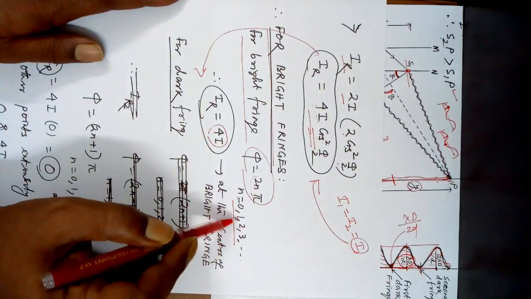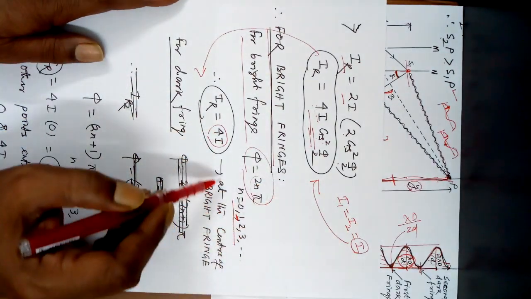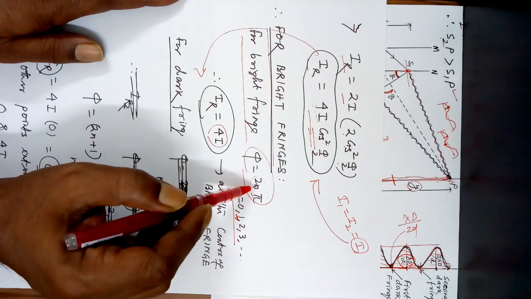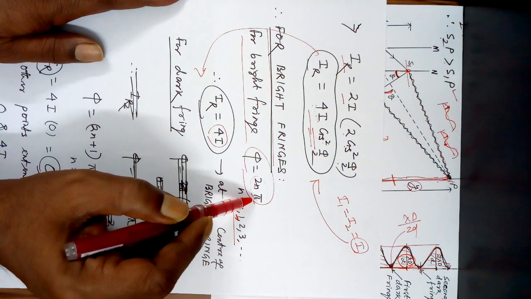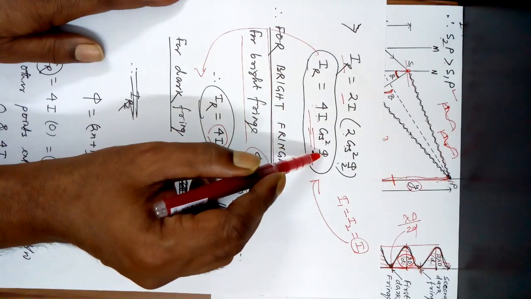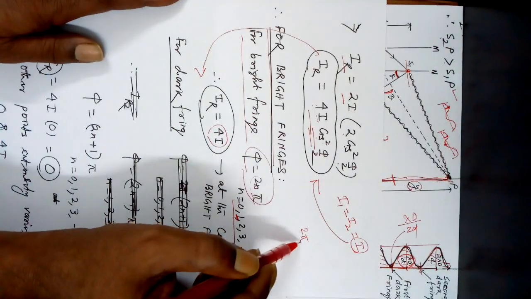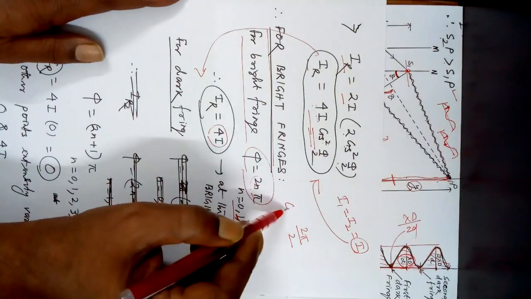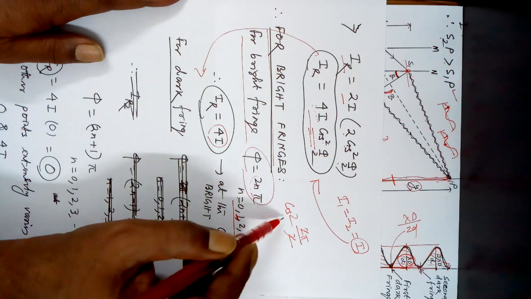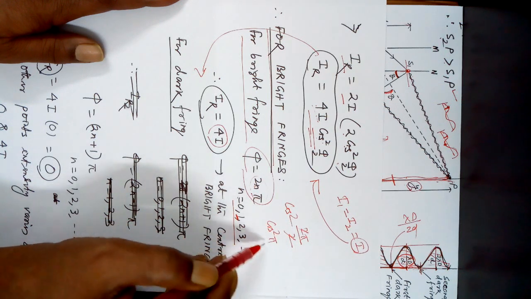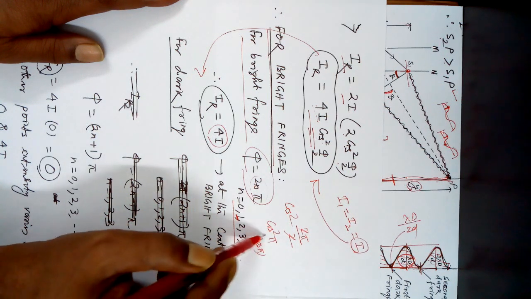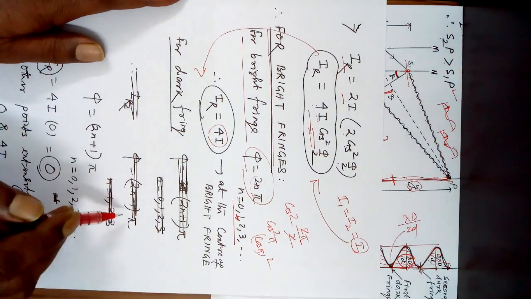If you put n is equal to 1, 2 into 1, 2 pi. So instead of phi here you write 2 pi divided by 2, cos square, 2 cancels. So it is equal to cos square pi, that is equal to cos pi whole square. That is again 1.